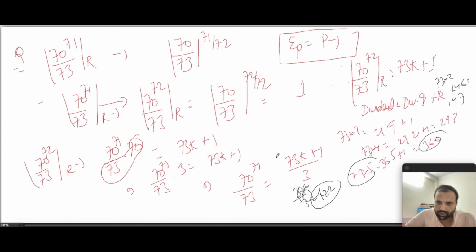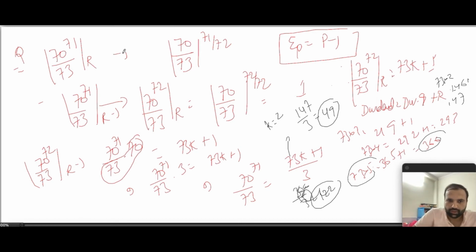Then for k equal to 2 we are getting 147 by 3, which is 49. So the remainder would be 49 over here. Always remember, the remainder can never be larger than the divisor, and that's how we got to know that if we use k equal to 5, we are getting r equal to 122, which is not going to help us.